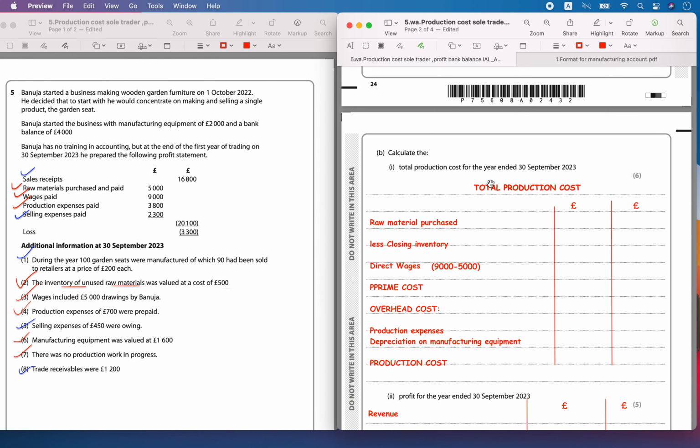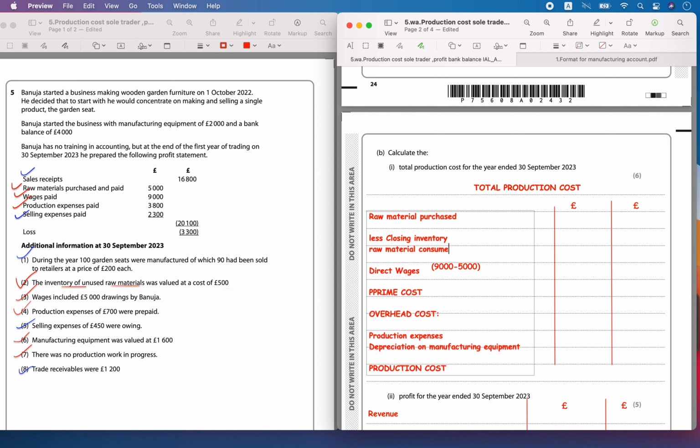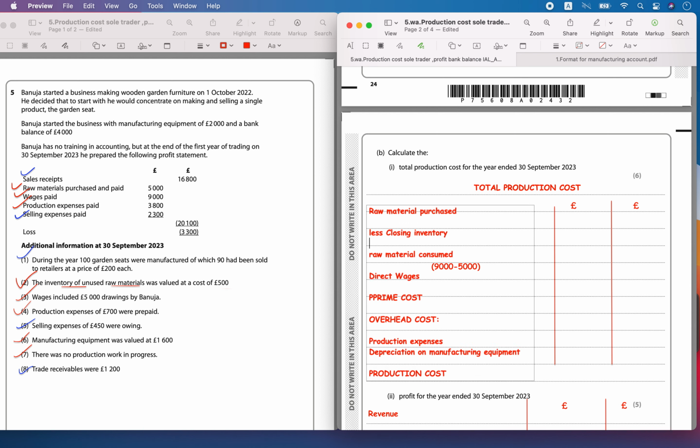Now let's calculate the total production cost. This is like a manufacturing cost. So what are the things you have to include? One is the raw material purchased less the closing inventory, so we assume raw material consumed, and then I will add any direct wages to get the prime cost.